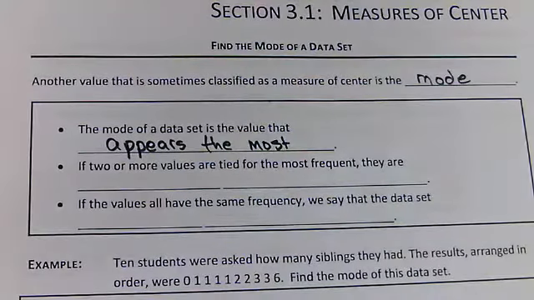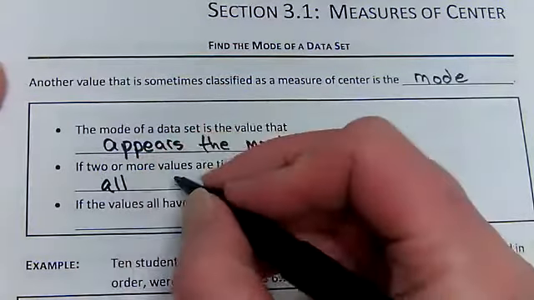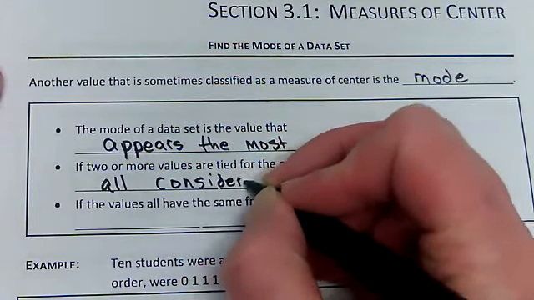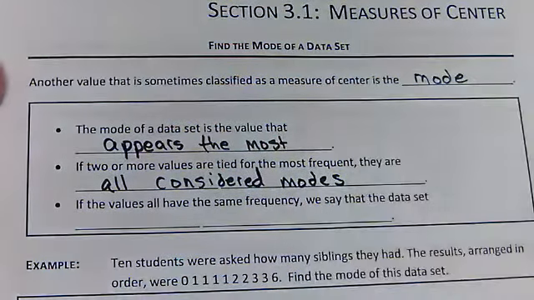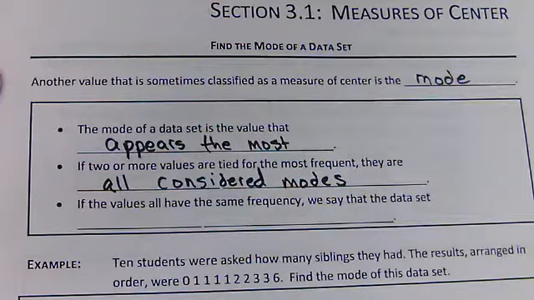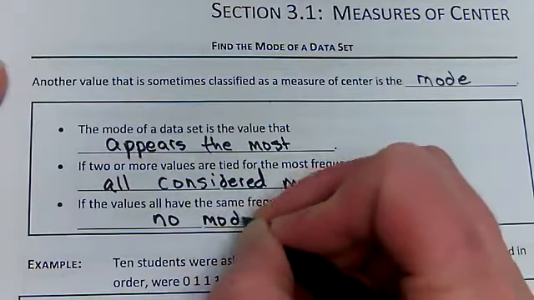If 2 or more values are tied for the most frequent, they are all considered modes. So you could be bimodal, trimodal. If the values all have the same frequency though, then we have no mode, if nobody stands out as the most.